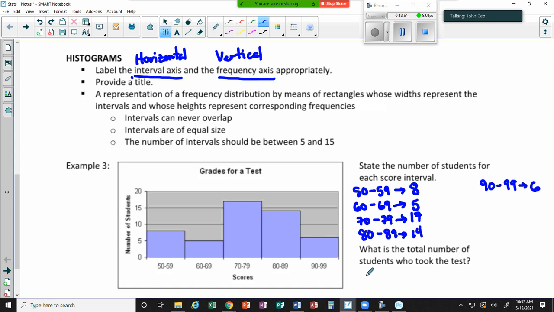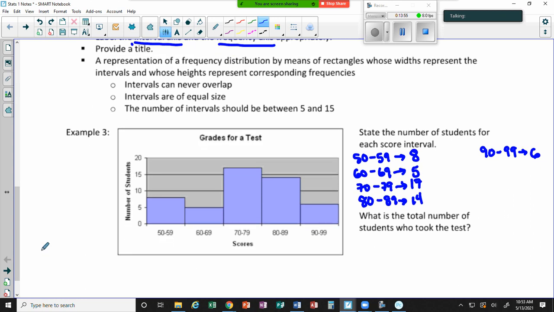So now, what is the total number of students who took the test? How can I figure that out? Yeah, add these all up. It'll be 8 plus 5 plus 17 plus 14 plus 6. Let's see. Well, 8 plus 17 is 25. 25 plus 5 is 30.